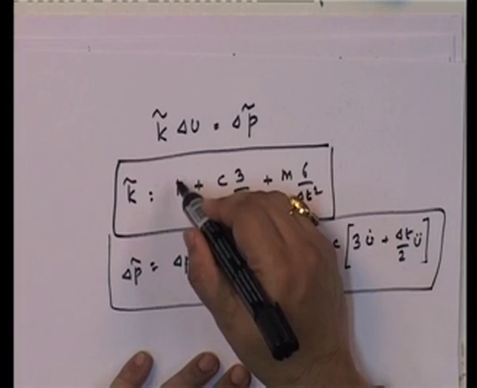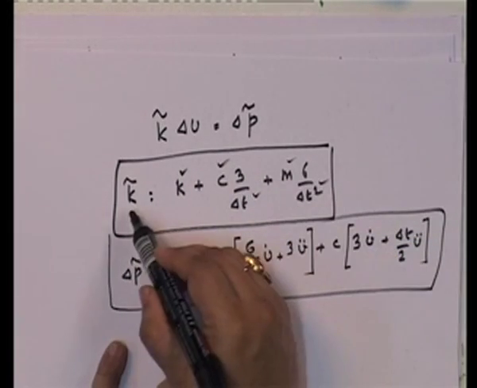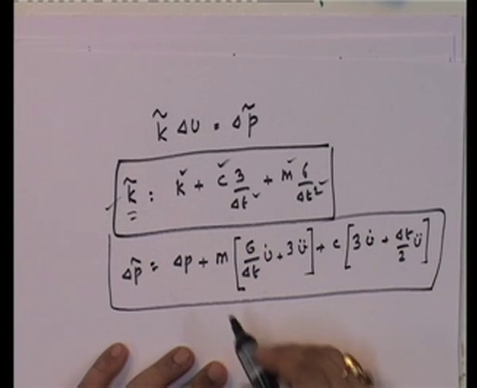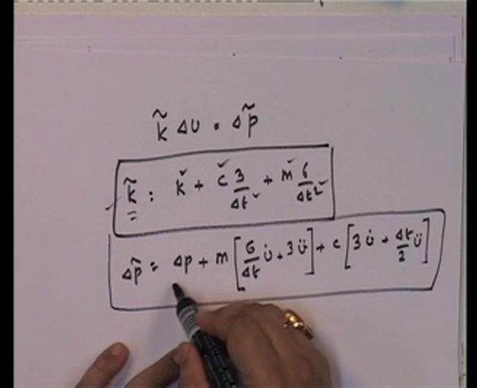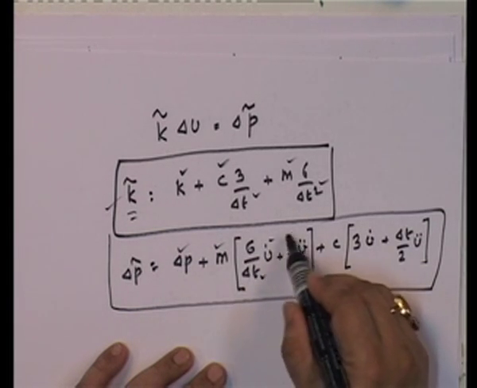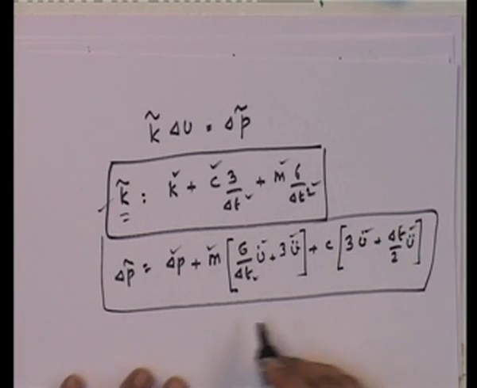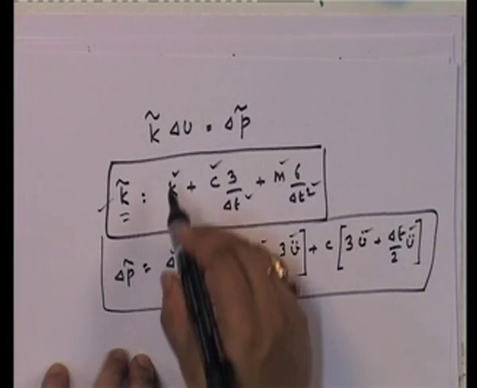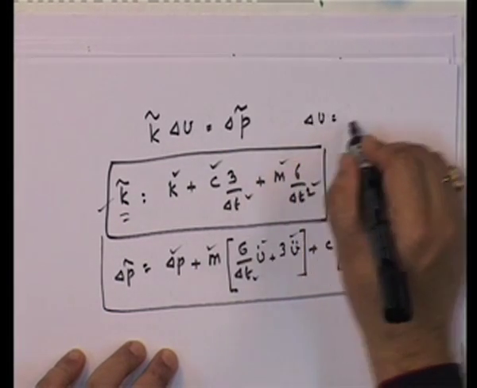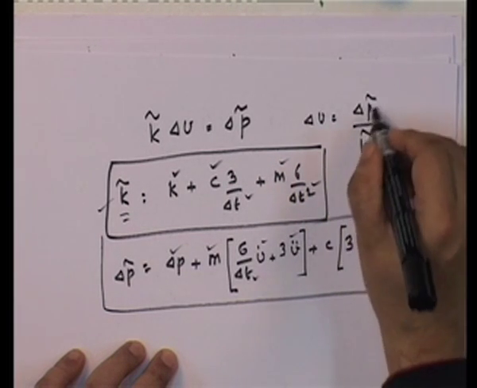Note that I know this, I know this, I know this, I can find out this. Okay. Then here I know all of these, so I can find out this. Once I find out this, I can solve delta v is equal to delta p star upon k star.